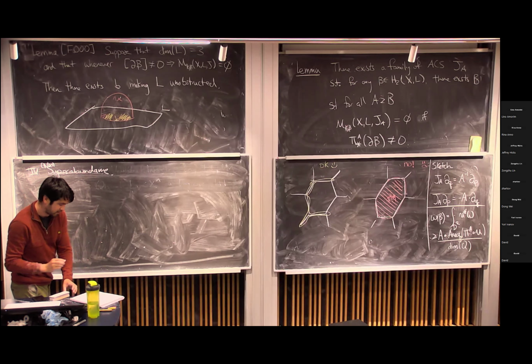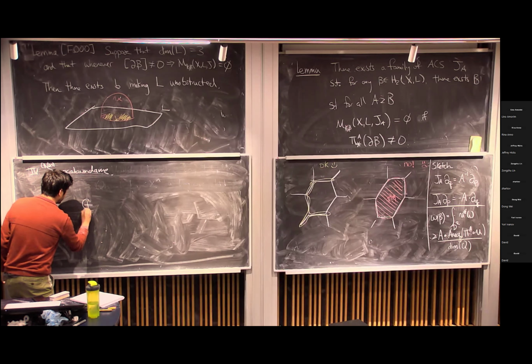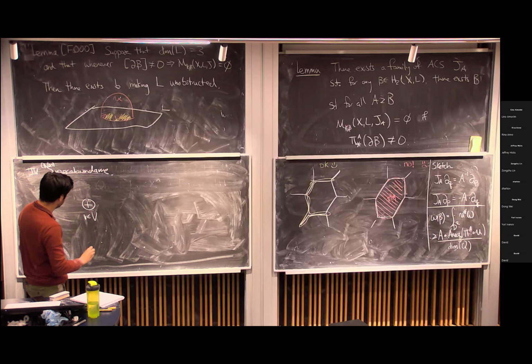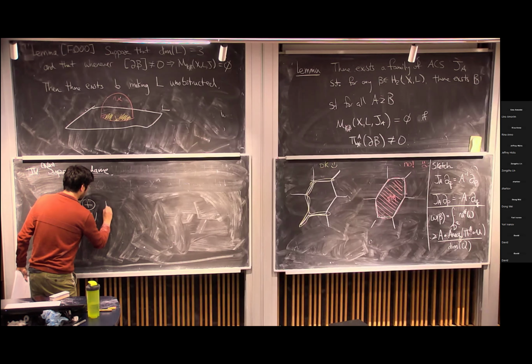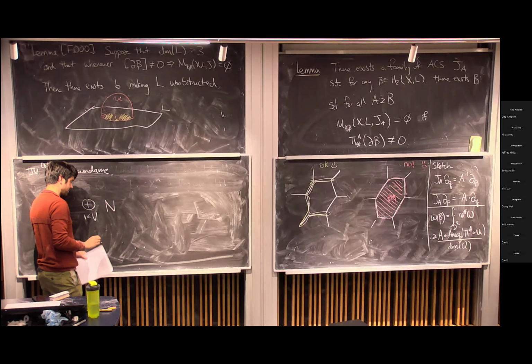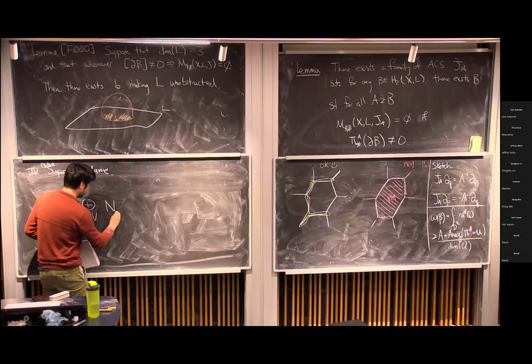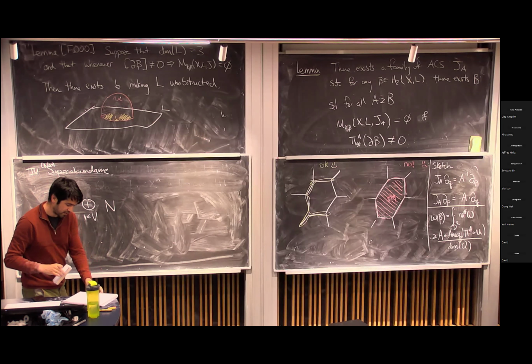of vector spaces. So if I sum over all the vertices of V, there's a map from... let me write this out in all the detail.